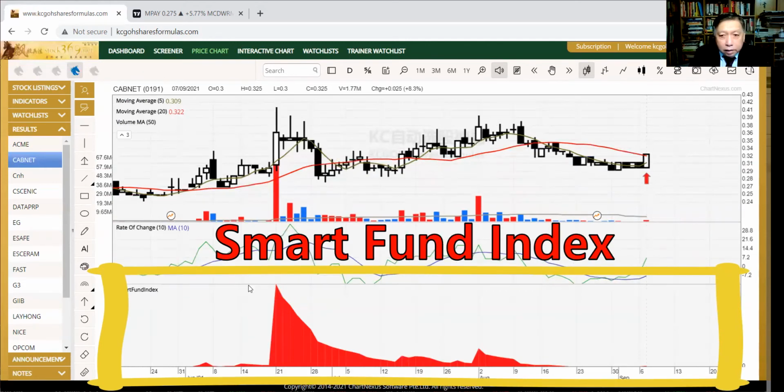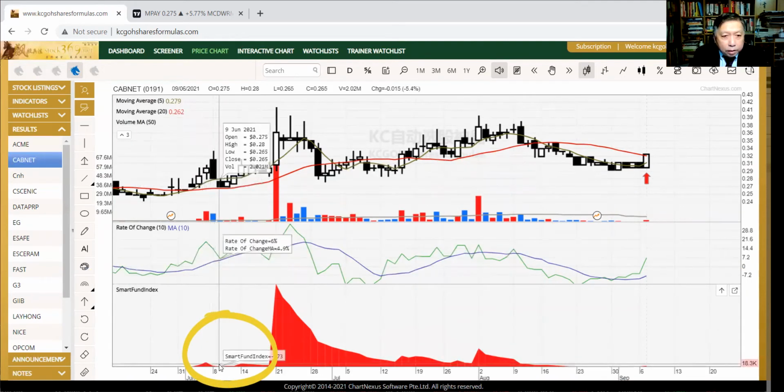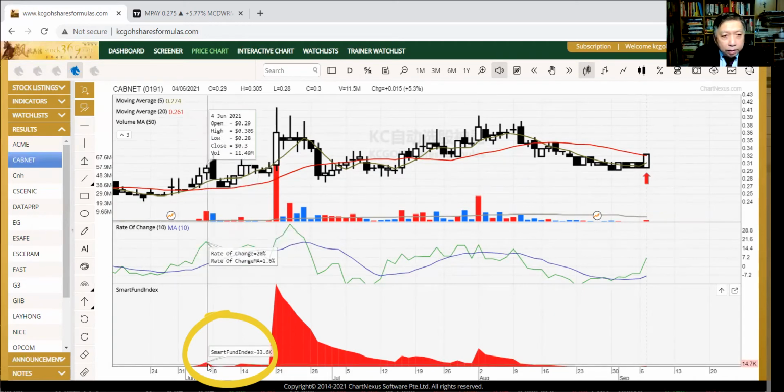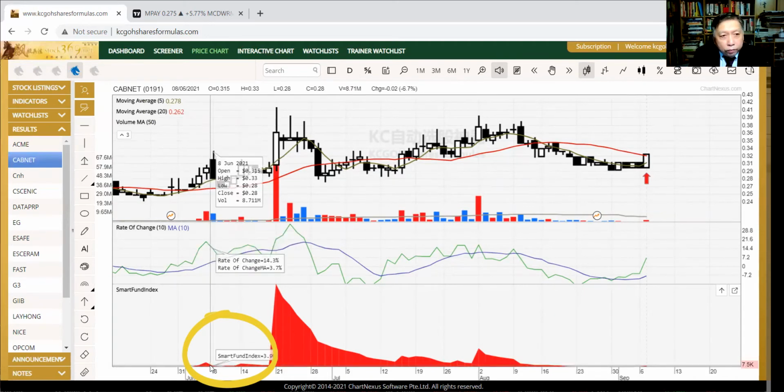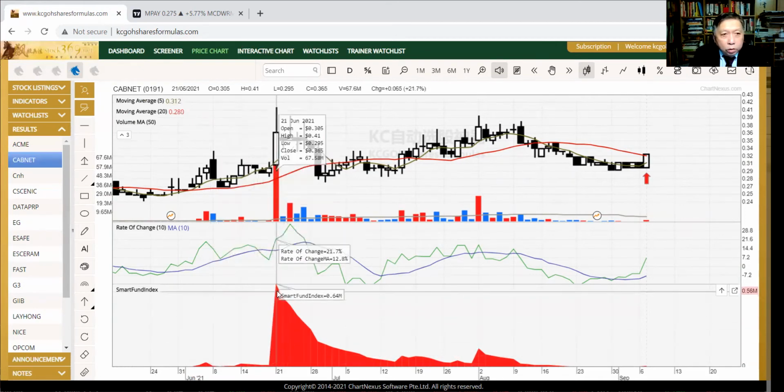smart fund index. You can see the smart fund index is very interesting in the sense that in the past the smart fund would appear, and if you bought when it just appeared and waited a few days or maybe 1 or 2 weeks, it would shoot up.